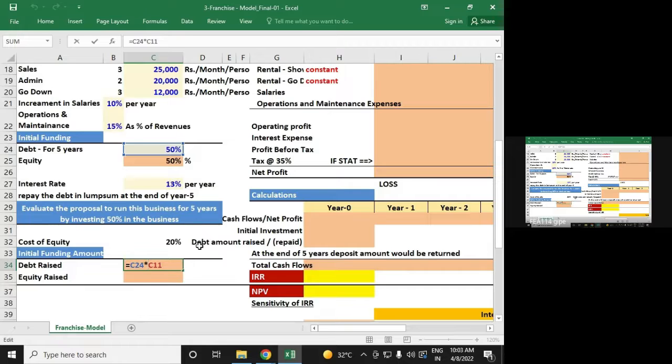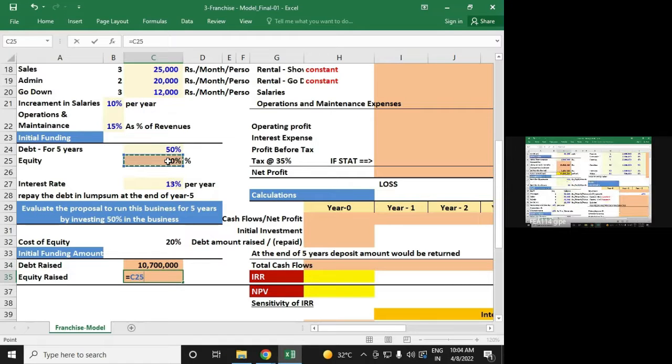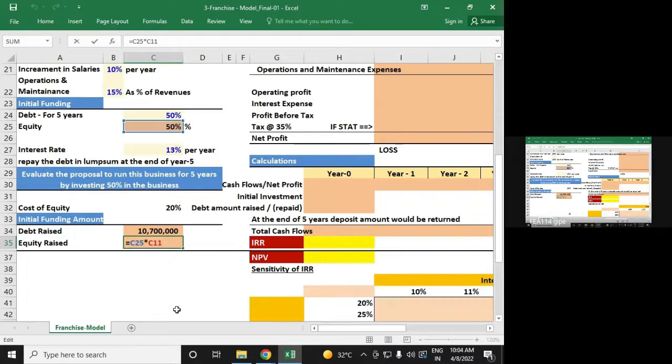2 crore 14 lakhs. Okay. And similarly for equity, it is the equity percentage into the total investment required, which is again 2 crore 14 lakh. 50% of 214, so 1 crore 7 lakh.